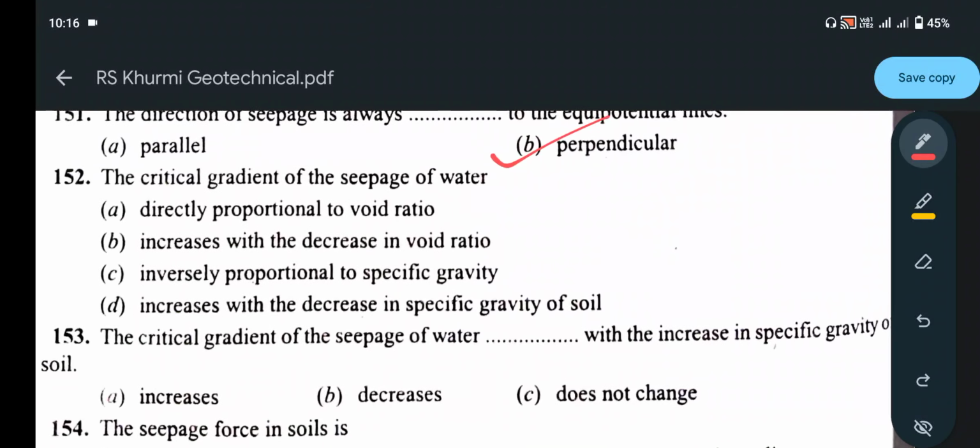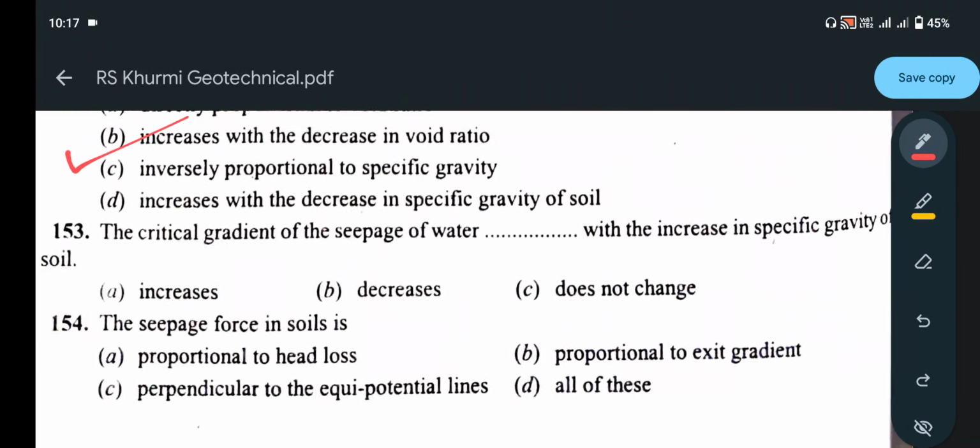The critical gradient of seepage of water is directly proportional to the void ratio, increases with the decrease in void ratio, inversely proportional to the specific gravity, or increases with the decrease in specific gravity of the soil. So the answer is increases with decrease in the void ratio.